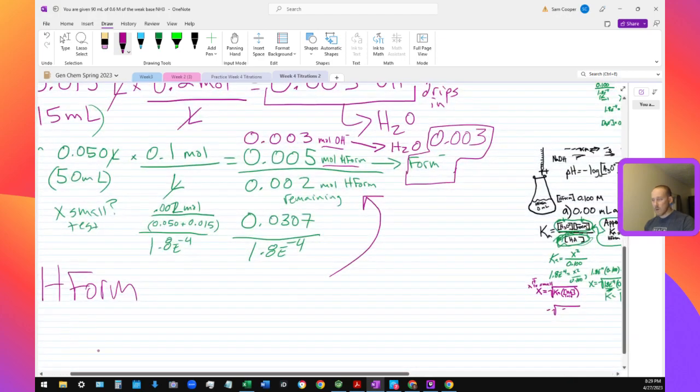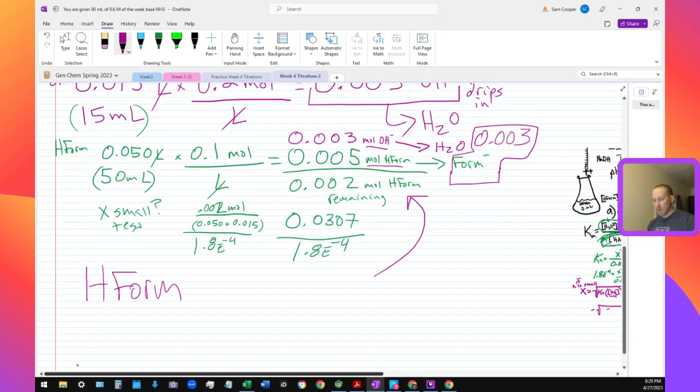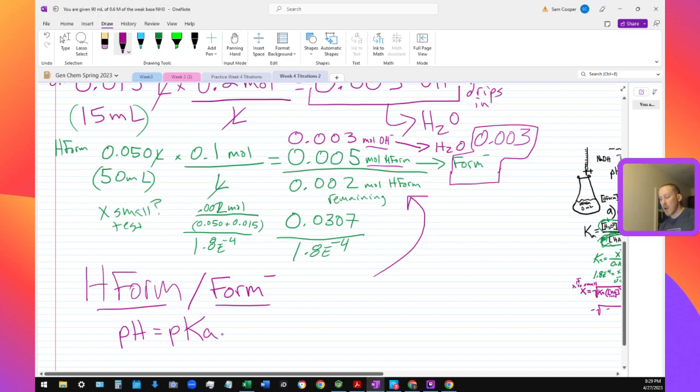Concentration, I should say. So, in our flask, after introducing that much sodium hydroxide, we have a formic acid and formate buffer system, which is the perfect time to use the Henderson-Hasselbalch equation.